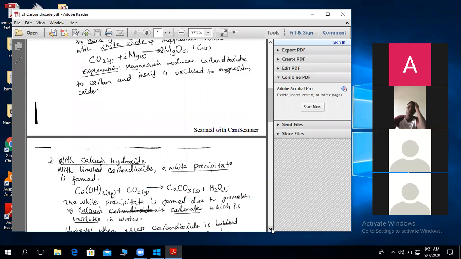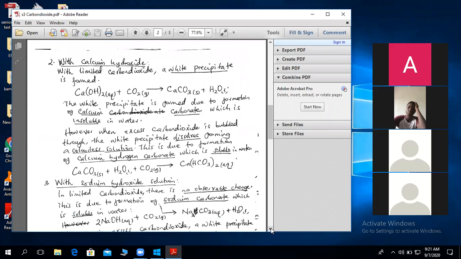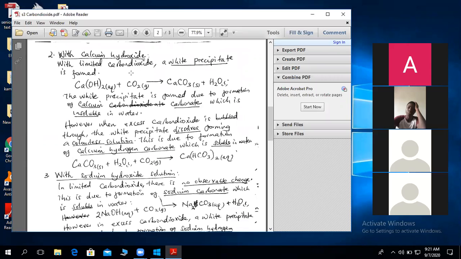Let's move on. This is the most important reaction of carbon, I told you, with calcium hydroxide. I told you, when I say state what is observed when carbon dioxide is bubbled through a solution of calcium hydroxide.